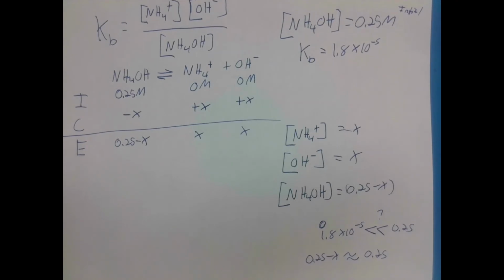I'm probably only going to ask this as a bonus, given how time consuming it is. I will tell you on the test if I give a problem like this that you can use the approximation method.